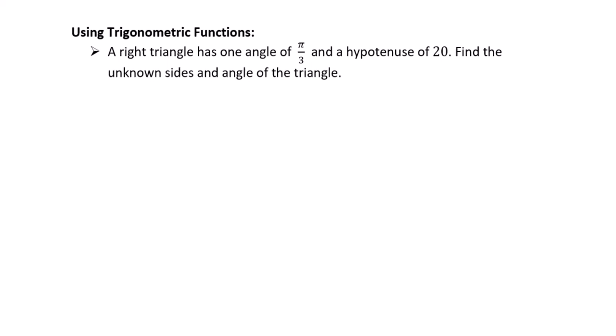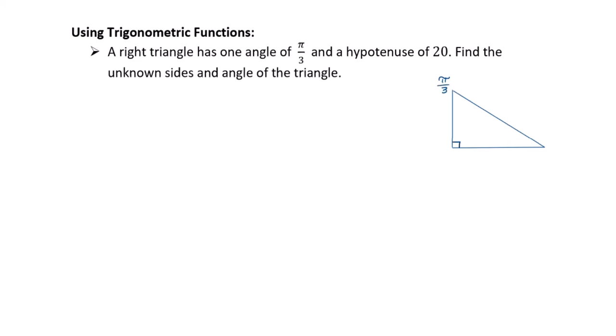Using trigonometric functions. A right triangle has one angle of pi over 3 and a hypotenuse of 20. Find the unknown sides and angle of the triangle. So here we have a right triangle, and one of the angles is pi over 3.